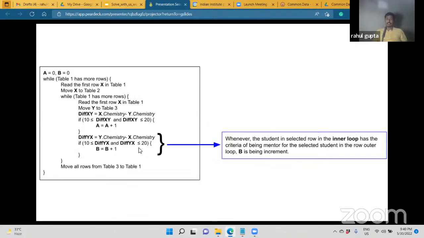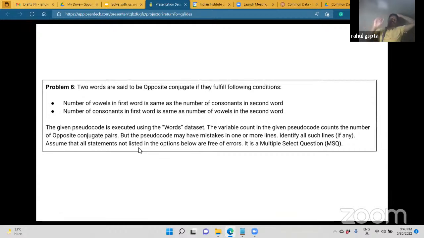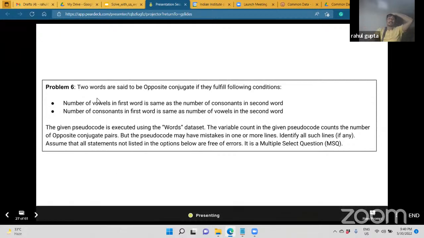Okay, so we'll go with the next problem, 2 minutes for this question. Please read it so that I do not need to come back. Write it somewhere if you can.